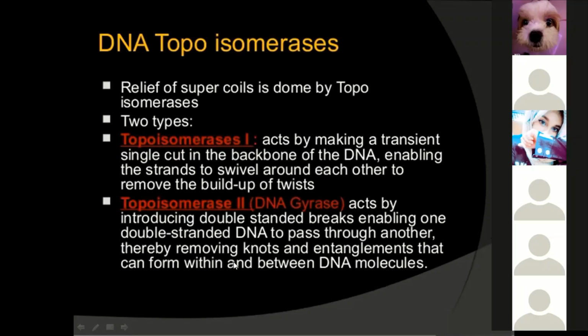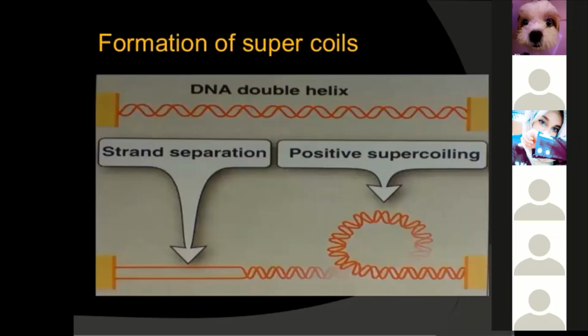So this doesn't allow entangling of the DNA strands. Otherwise, because it is a super helical structure, there is every possibility that it might get entangled. So it helps the DNA molecule not to get entangled.